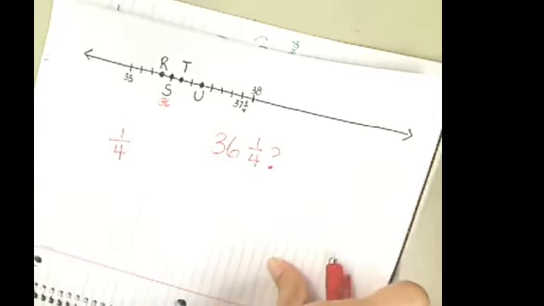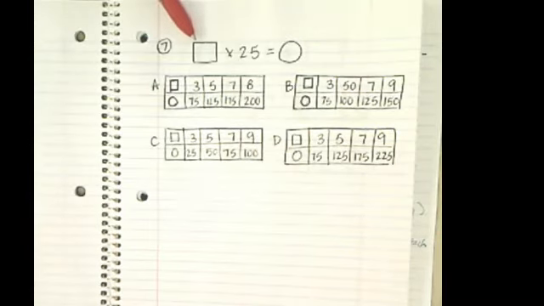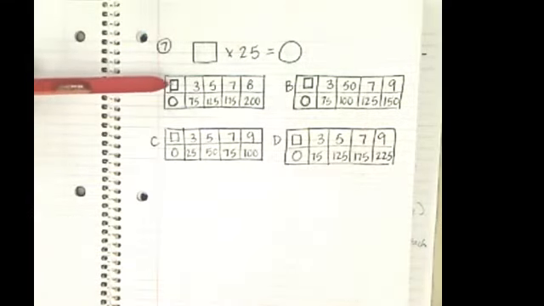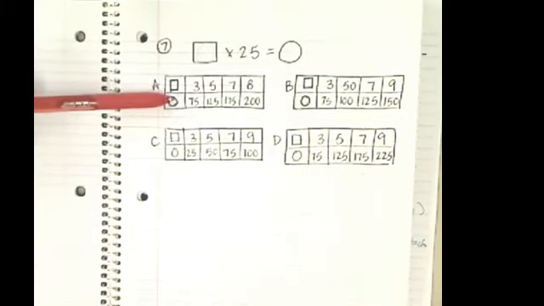Numbers 7 and 8 are tables with an equation. So your equation is this. The value of square is being multiplied times 25 to give you the value of circle. So in these tables here, you have lots of values that can be used for square. And then you're supposed to get out this value right here that represents the circle.